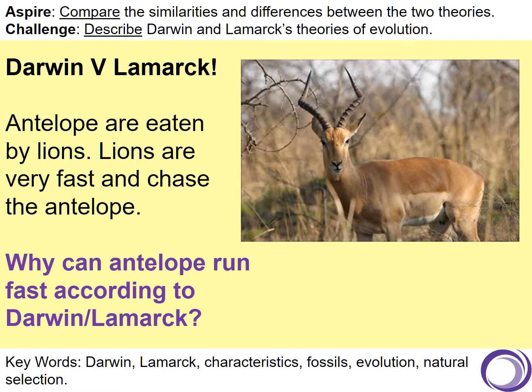Lamarck would say because the antelopes are using their limbs and their muscles in their legs regularly to run fast, these characteristics will be passed on to their offspring because they are regularly used, so they are needed, and that information will be passed on.